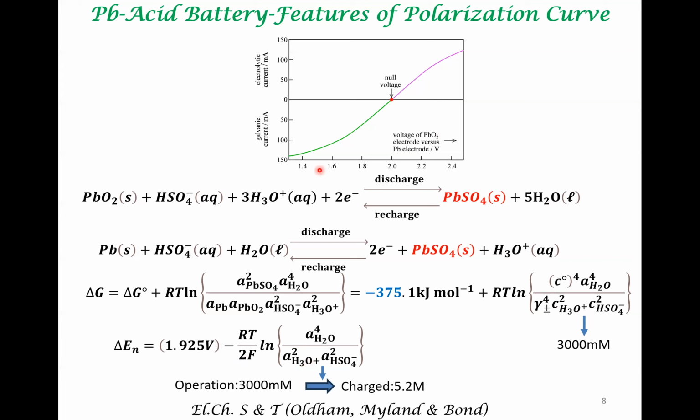These are the voltages that occur during the discharging process. Beyond this, it's the charging process. Beyond on this side, it is the discharging process, and the current gets referred to in different terminologies. Here you refer to electrolytic current when you undertake an endothermic process. This is an exothermic process, and you refer to this current as a galvanic current.